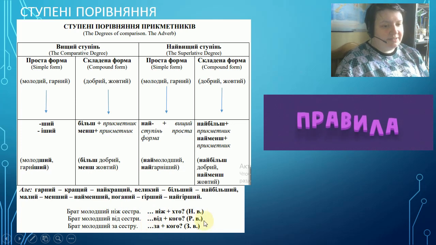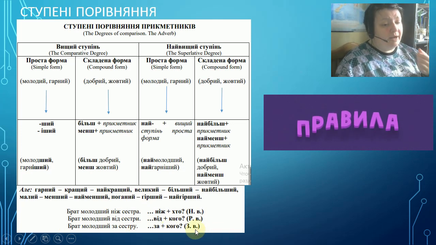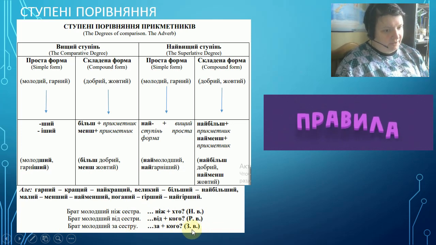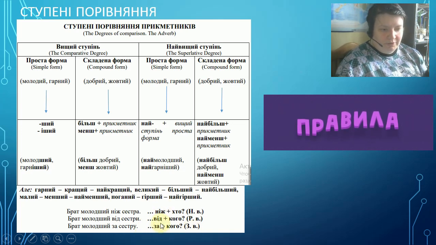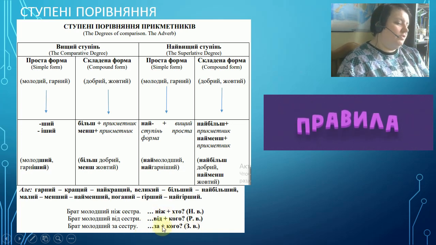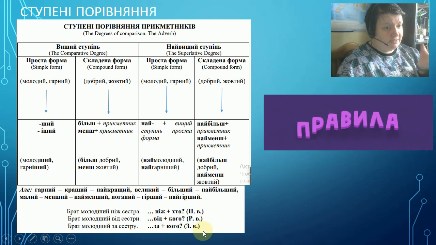Brother is younger than sister, but here we use genitive case after the preposition від. And the last one, брат молодший за сестру, the meaning is the same, but we use accusative case here. So, you can use any of these prepositions you like, with nominative case, genitive case, and accusative case.